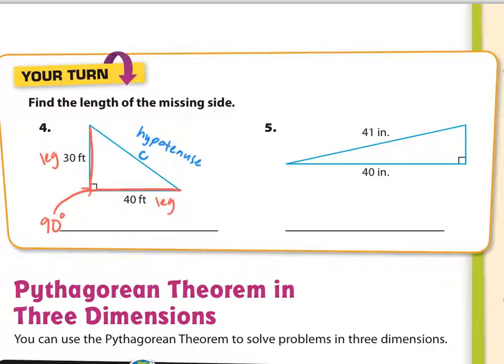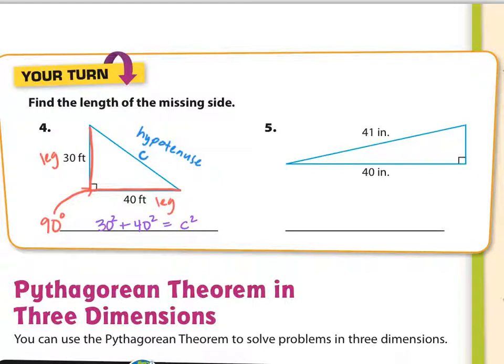Our equation is going to be 30 squared plus 40 squared equals C squared. I forgot to write the squared. 30 squared means 30 times 30.